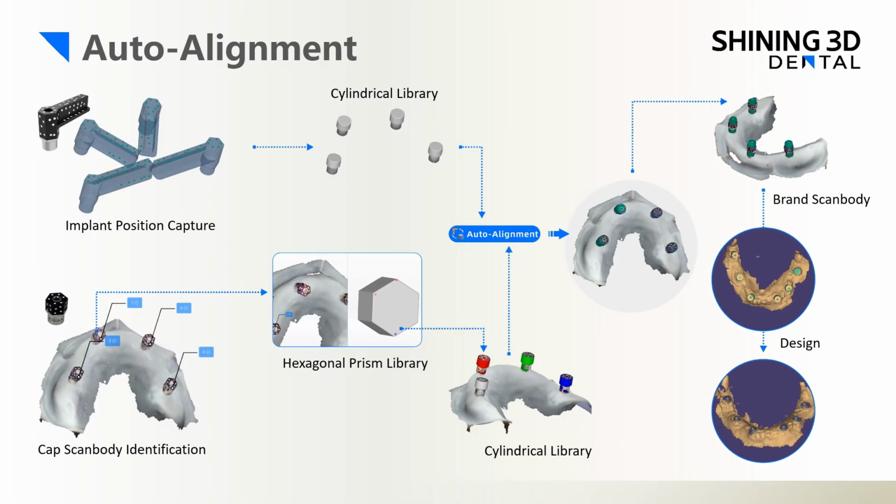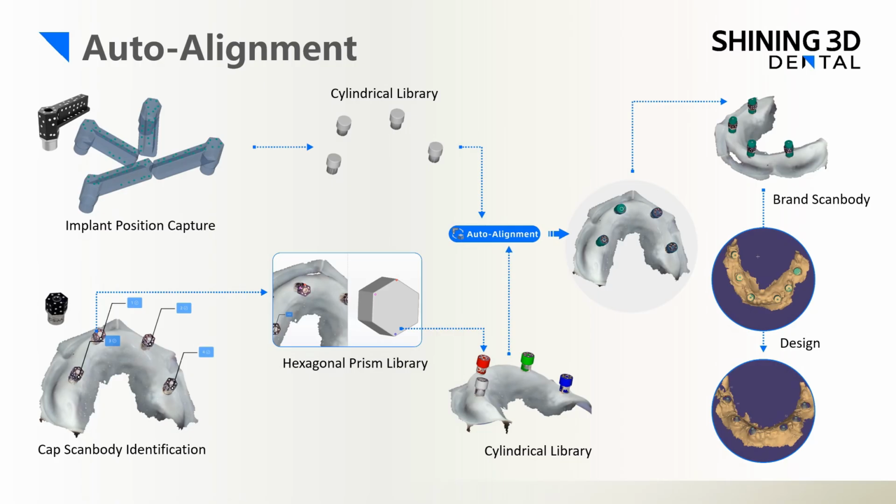As we may have noticed in the screen recording of the Cap Scanbody workflow, once we finish scanning the Cap Scanbody, it will number the Cap Scanbody. At the same time, it will convert the Cap Scanbody into a cylinder-shaped library. And then we remove the Cap Scanbody and install the high-accuracy Code Scanbody.